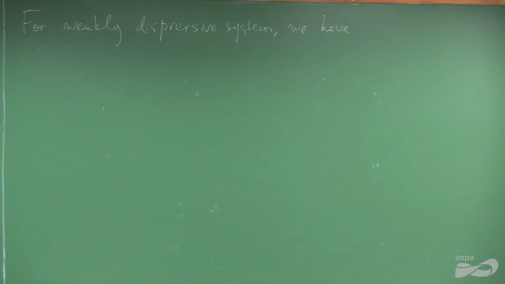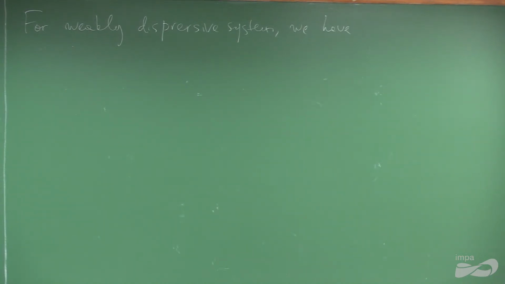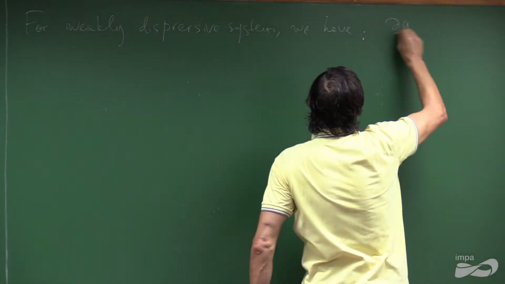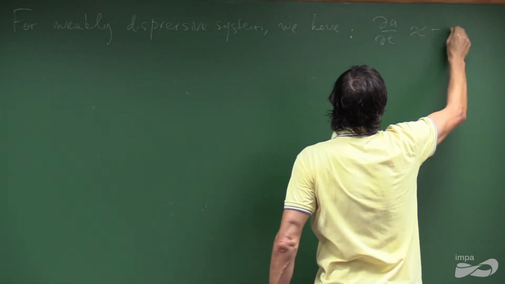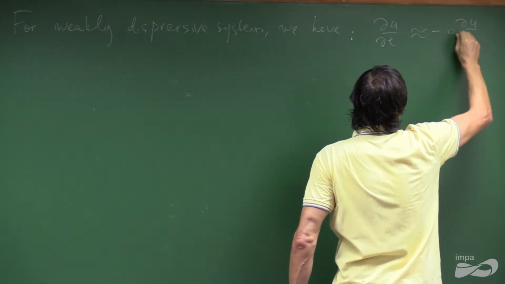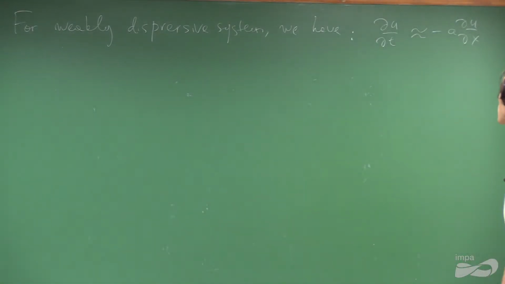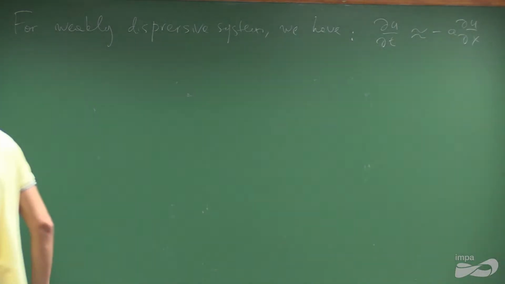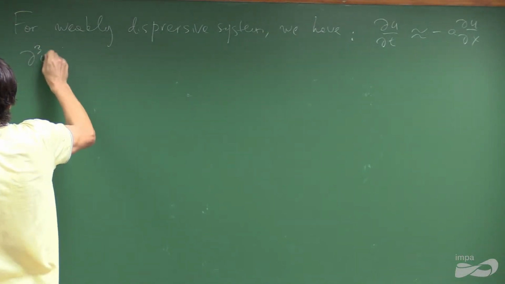So the main terms will still be the ones of the system. So we still will have approximately du/dt is approximately minus a du/dx, plus more terms, but which will be small corrections.